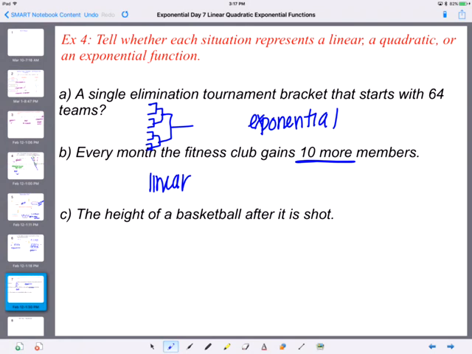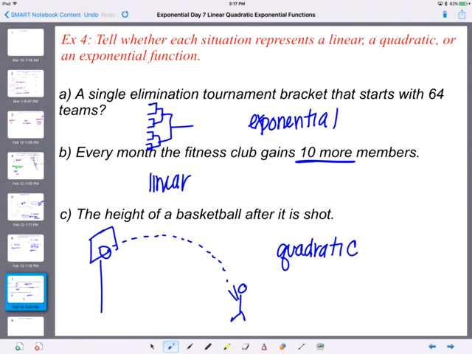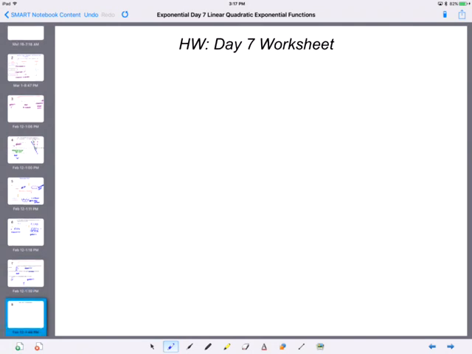If we are thinking about the height of a basketball after it is shot, so we are shooting at our basketball goal, and we think of the height after the ball is shot, what kind of function does that form? Absolutely, a quadratic function. You now complete your worksheet for day 7.